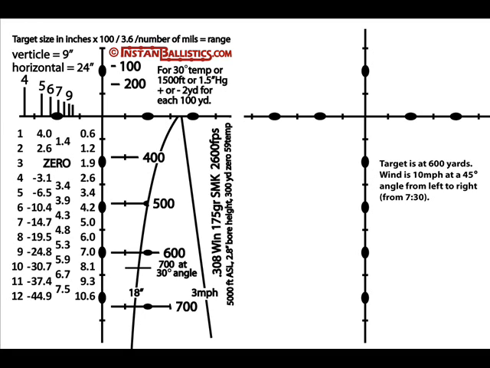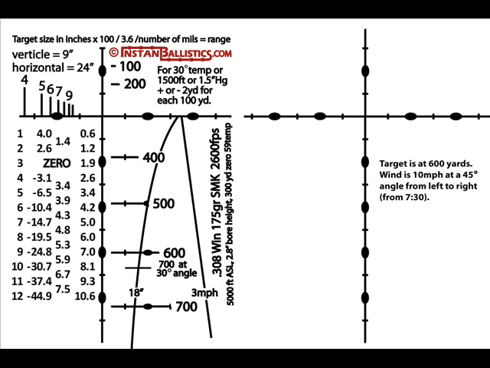Okay, in this situation, your target is at 600 yards. The wind is 10 miles per hour, but you can't use your standard hold because the wind is traveling at a 45-degree angle relative to your position from left to right. Now, most people would assume that the angle is 50% of your typical 90-degree angle, so you just divide by 2 for 50%. But in reality, it doesn't work that way.